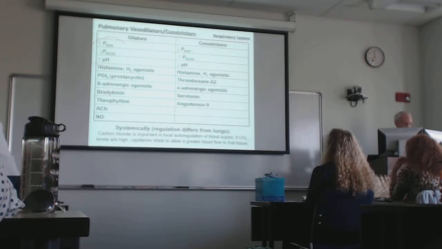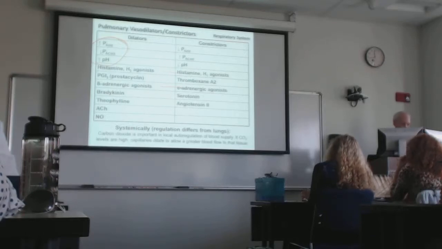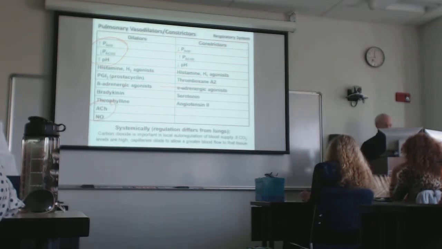We're going to talk about these three in more detail in just a moment. But we've seen histamine. Histamine is going to depend on the receptor. It can either be a dilator or a constrictor. Adrenergics also can either be dilator or constrictor, depending upon the receptor. And we've already seen acetylcholine and nitric oxide coming up in this connection.